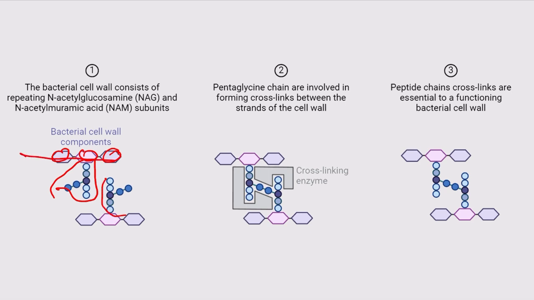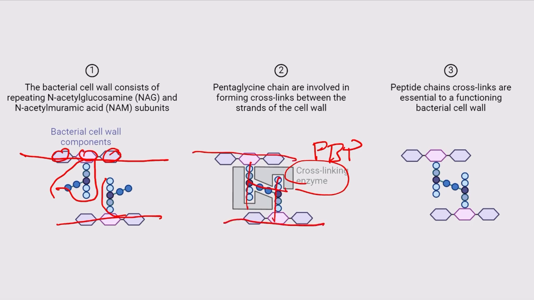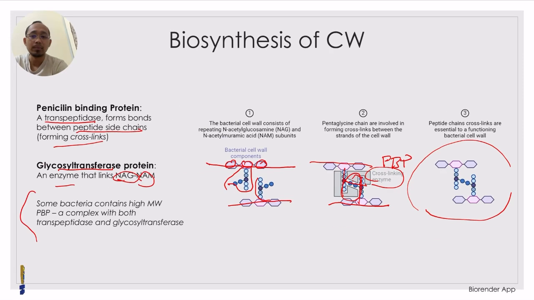So if you have one polymer up here and one polymer down here, what PBP does is basically cross-linking the two peptide chains. Okay, so it's cross-linking on here. And finally, when PBP leaves, you get a network structure.